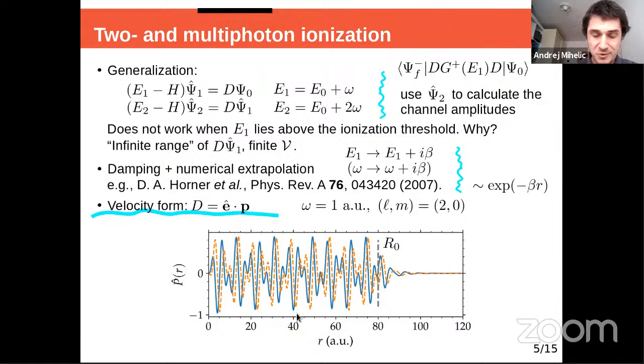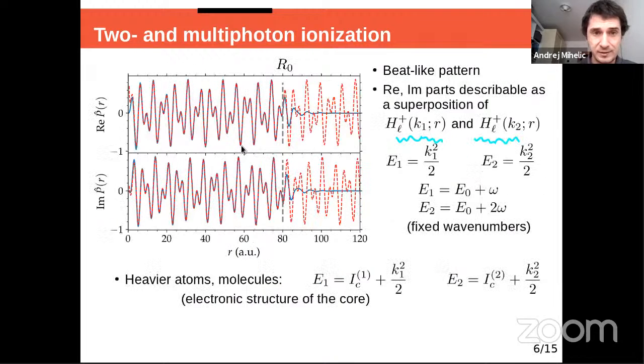But this is just the first glance, because if we plot the real and imaginary parts of this radial function separately, the pattern we see here looks awfully like a beating. This beat-like pattern can actually be described by a superposition of two Coulomb waves with fixed wave numbers.